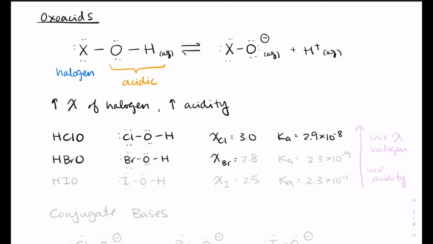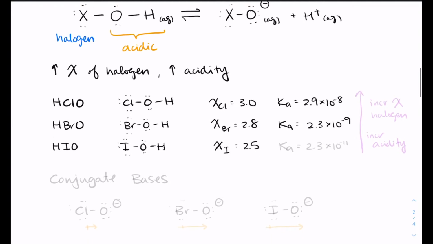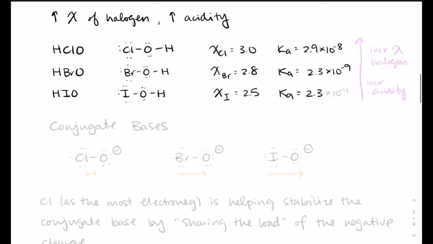Now, when we look at this, it's really easy to initially say, oh, well, the halogen is pulling on the electrons in the halogen-oxygen bond, so oxygen is going to pull on the hydrogen, and that's how you get the partial positive. It's not quite what happens, because all of these halogens are less electronegative than the oxygen.